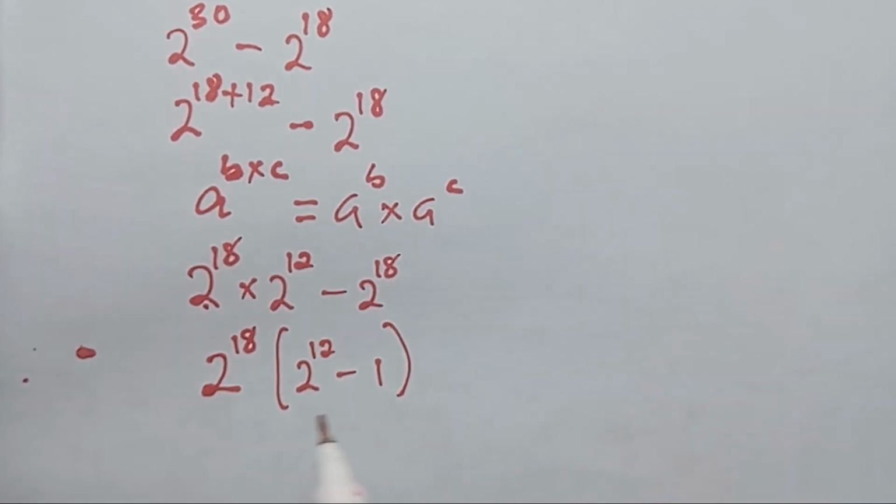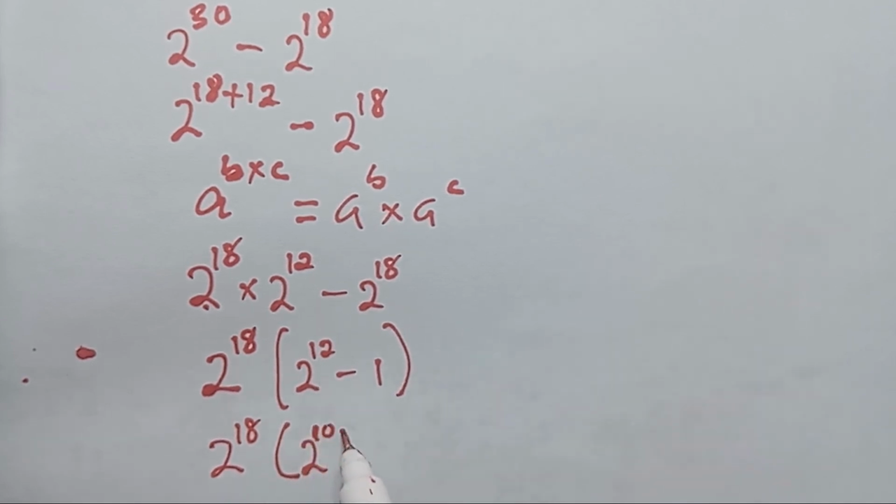So when I proceed, this is 2 power 18 into, I can write this 2 power 12 here as 2 power 10 plus 2, minus 1.